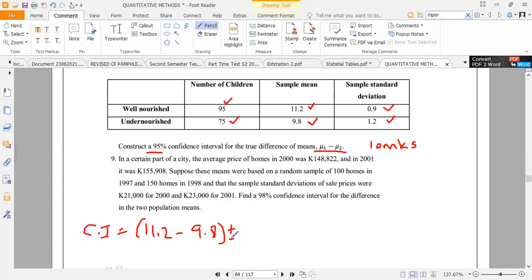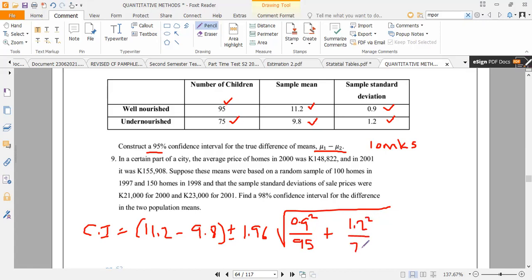Our Z is 1.96. Then square root of S1 is what? 0.9 squared over its respective n, which is 95. Plus S2 is what? 1.2 squared over its respective n, 75. And the rest you can manage to do.